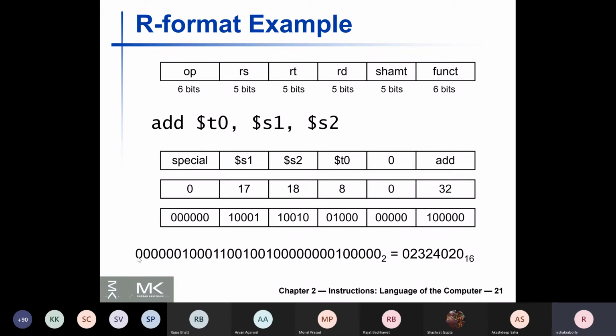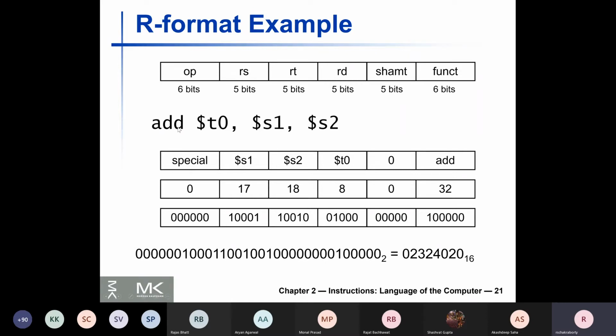So overall, you concatenate all of this and you get a 32-bit string. This thing in hex is this. When the microprocessor reads this instruction, it interprets it, and it has circuitry internally to understand that this corresponds exactly to the operation add $T0, $S1, $S2.